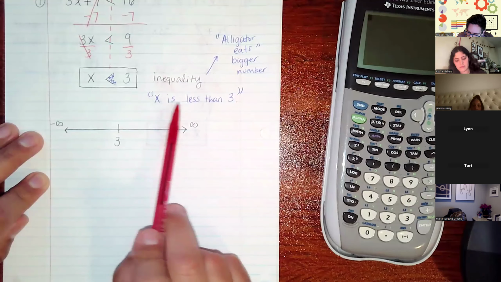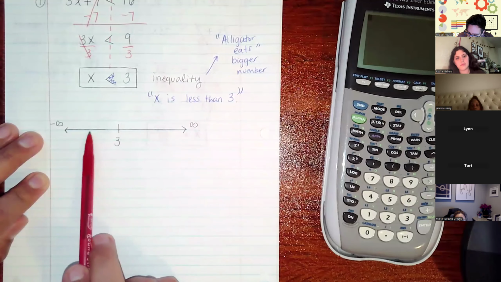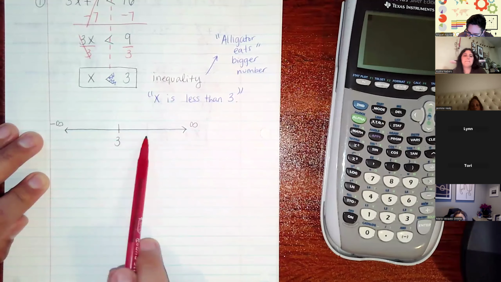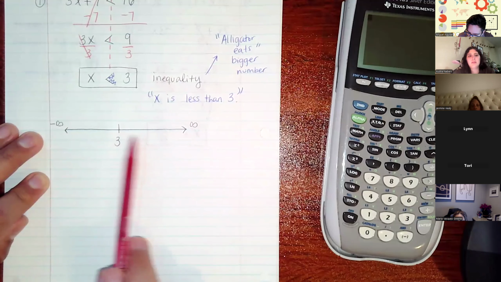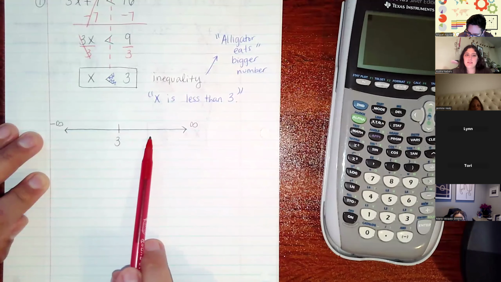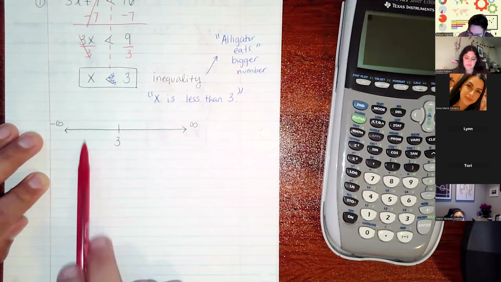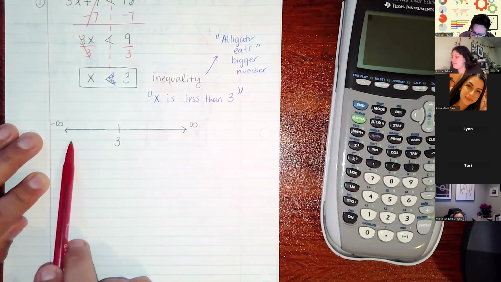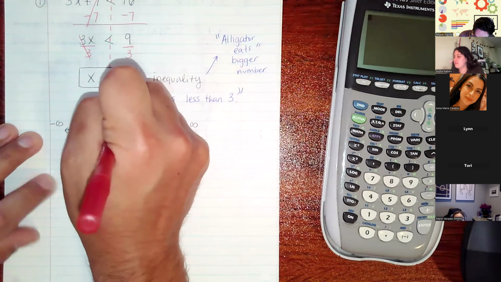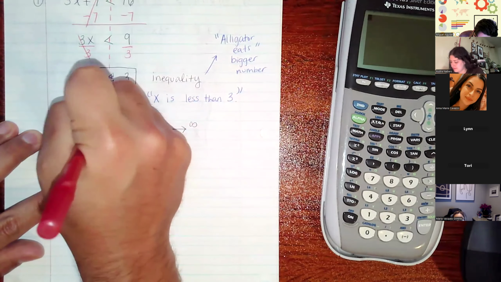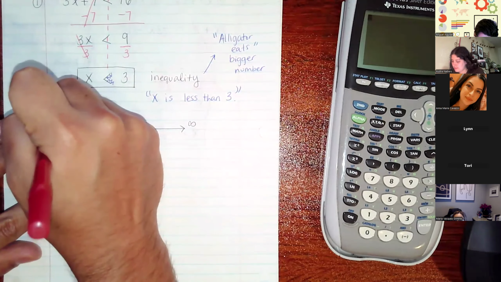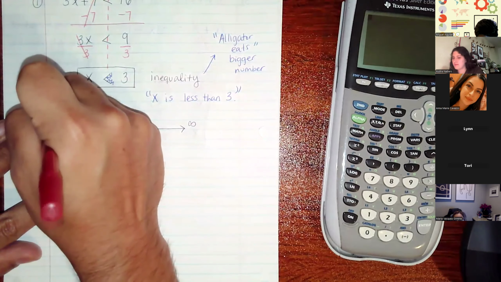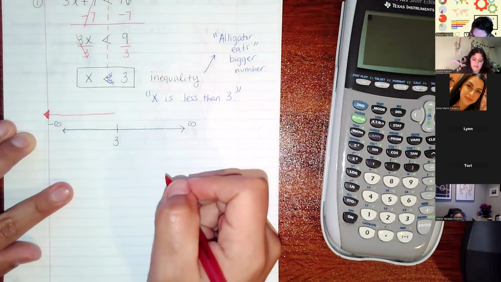So if x is less than 3, which side of 3 does x live on? The left side or the right side? The left. The left side, because the numbers on the left of 3 are less than 3. So if I had a highlighter, I would just highlight this whole area over here, everything to the left of 3. Okay?